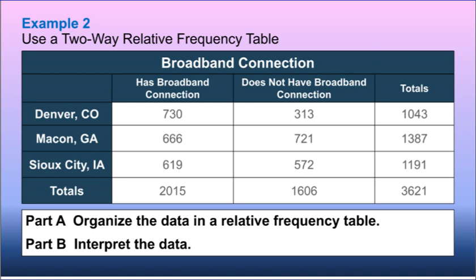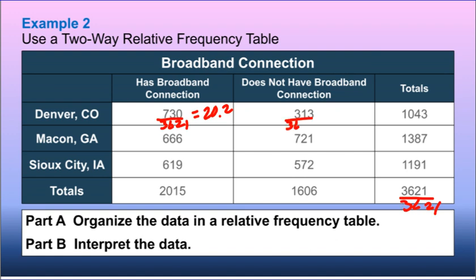First off, the total would be 3621. So we have 730 divided by 3621, and I'm going to multiply this by 100. This is going to give us 20.2. I'm just going to keep this on this slide. If you want to put it on the next slide, you may do so, but to save some time, I'm just going to put it on this slide.